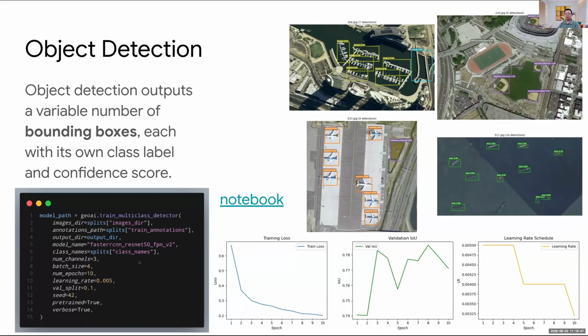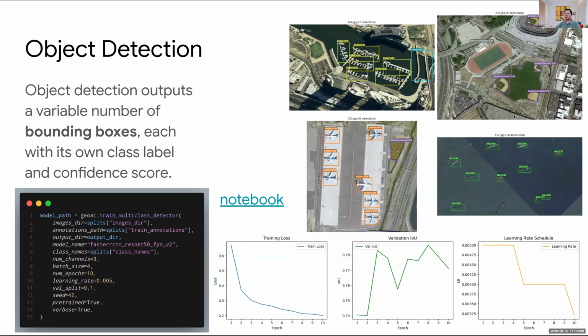That means your data has multiple classes, or it can be just one class, black and white, or yes or no. Or if you have multiple, then you can use the multi-class detector. On the right here, similarly, you can see the training loss is decreasing, while validation might be fluctuating, because sometimes if the model is overfitting, then the validation might be fluctuating.